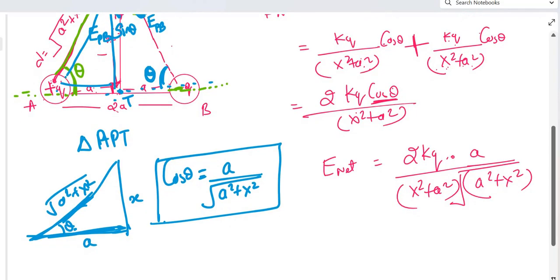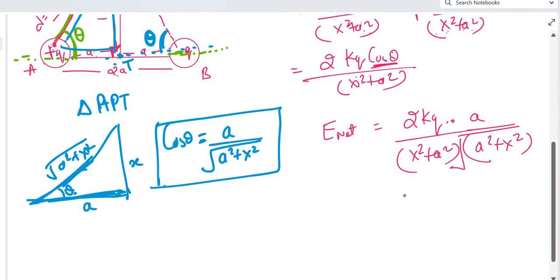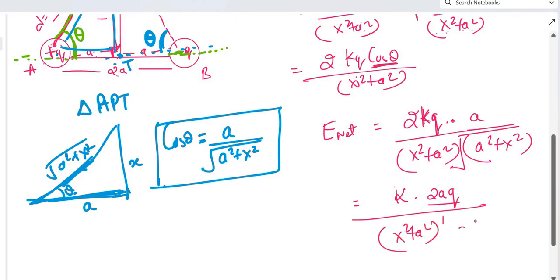We just need to simplify it a little bit. And how to simplify it? See here. Can I write K into 2AQ? The numerator I am just rearranging: K, 2AQ, written together, by (x square plus a square) power 1 and (x square plus a square) power half. Yes, under root means power half.